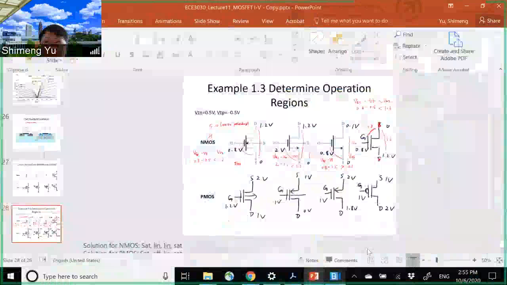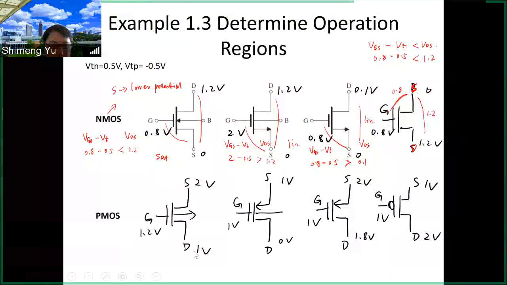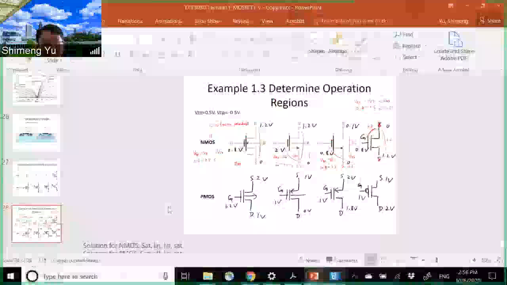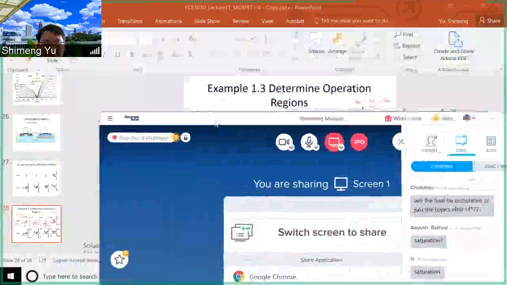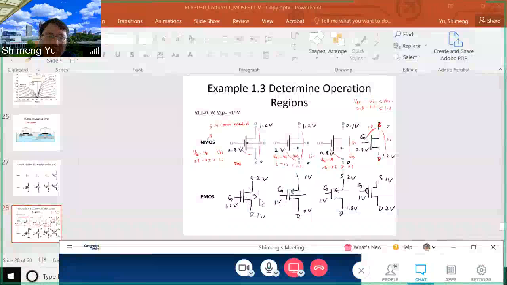All right, then let's look at the PMOS. The first one, let's say the gate is 1.2, source is 2, and the drain is 1. So for this PMOS, what region? I wish you could have a guess here in the chat for the first one in the PMOS.